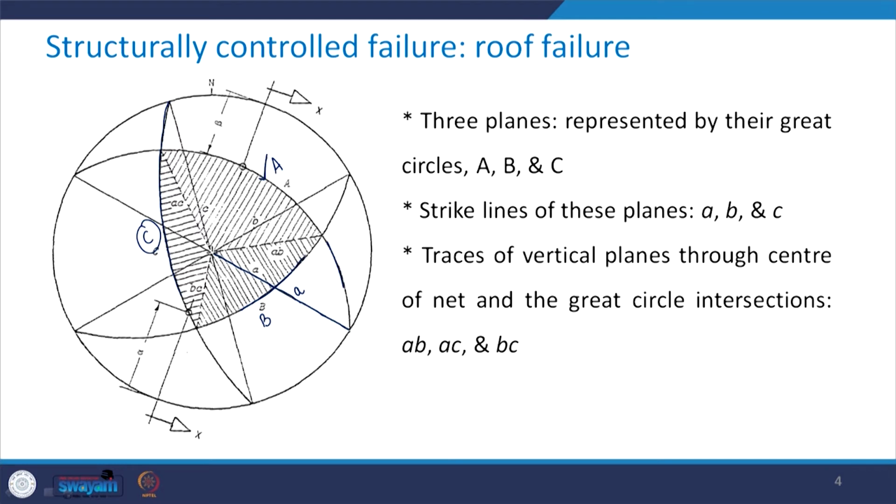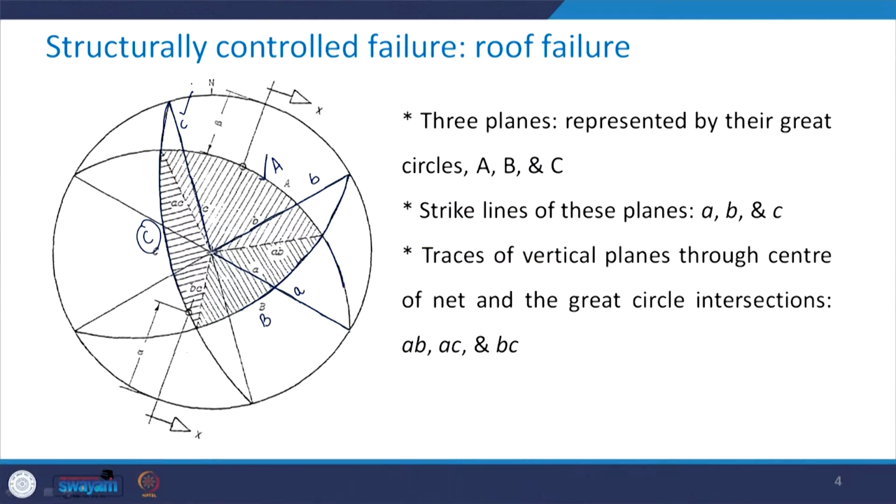This is your great circle for plane B. So, I join this with the center, and this is going to give me the strike line of plane B, and join this, you will get the strike line of plane C, which I am representing by small c.